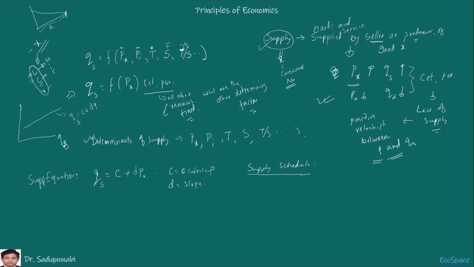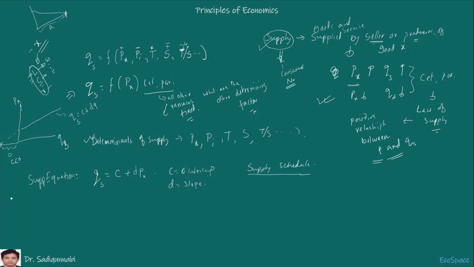So QS is our dependent variable and PX is the independent variable. So you have to find C by extending this line into that. So this portion is called C, and here C is negative.